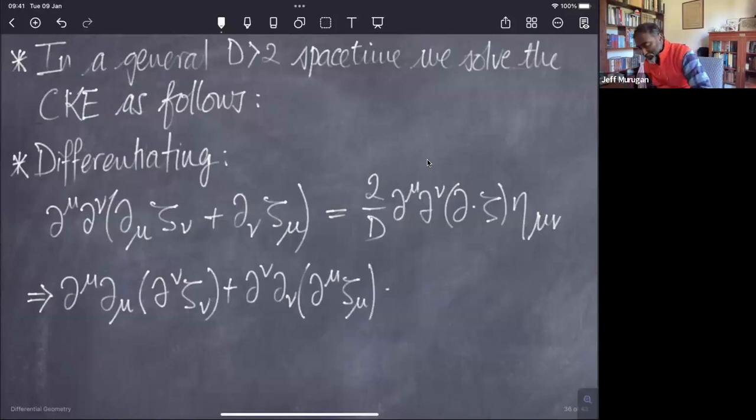On the right-hand side, I get the eta contracted with these two derivatives, which makes it into 2 over d, d mu, also acting on d dot zeta.